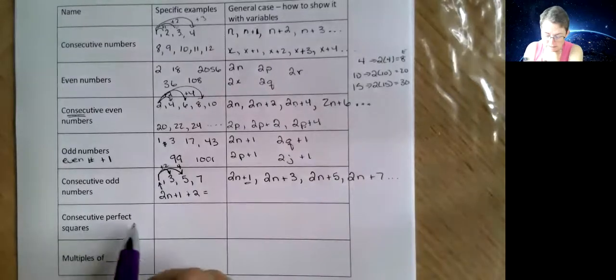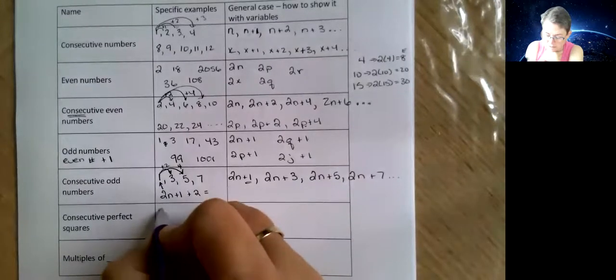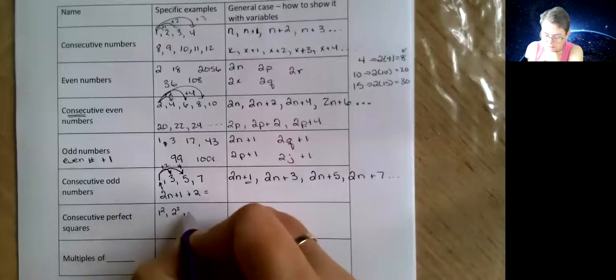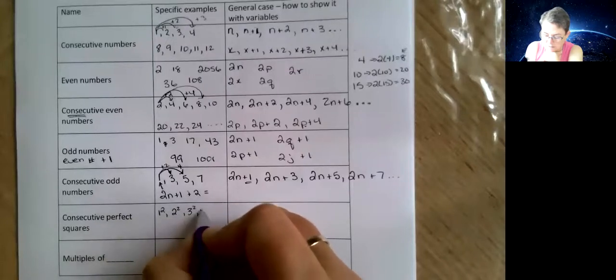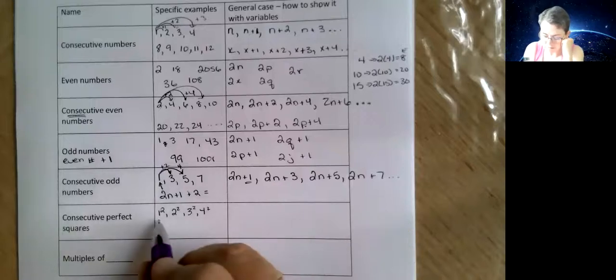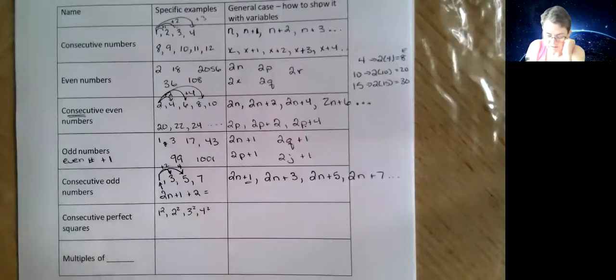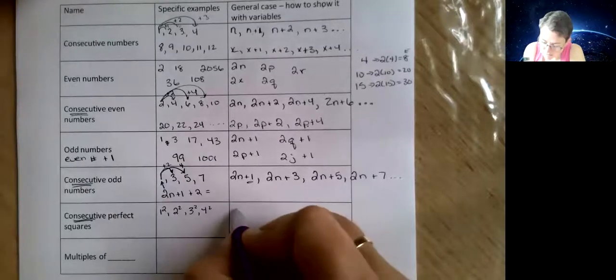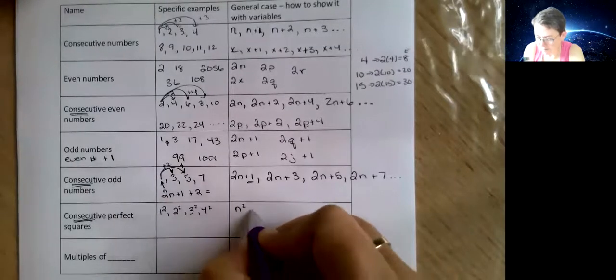All right, consecutive perfect squares would be 1 squared, 2 squared, 3 squared, 4 squared. Okay, so our first number, look at that word. Every time you see consecutive, you better use the same variables. So it'd be n squared.